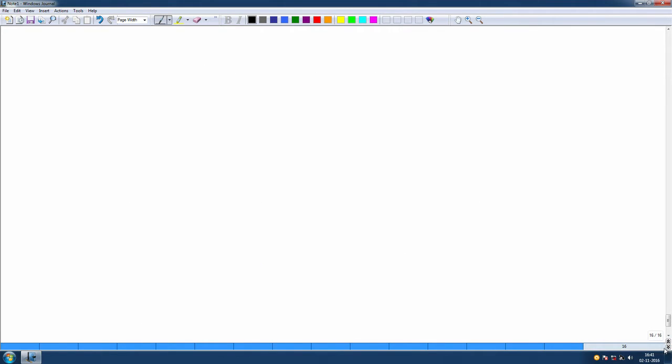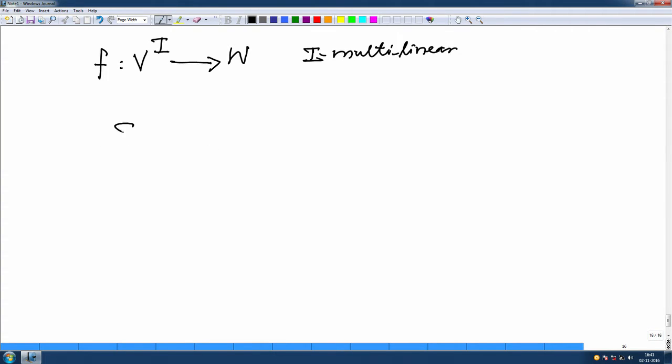Similar construction you can also do to construct a symmetric operator. See, remember, from a multilinear operator we have constructed an alternating operator. Similarly, from a multilinear operator V^I to W, I multilinear, if I want to construct a symmetric multilinear operator, then simply I could define S f equal to summation over sigma in S_I, and don't take the sign, sigma f.